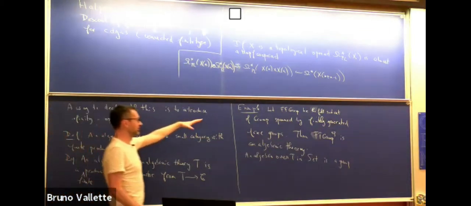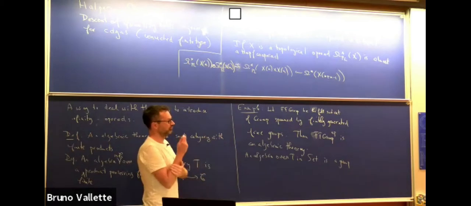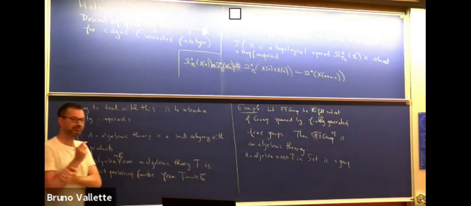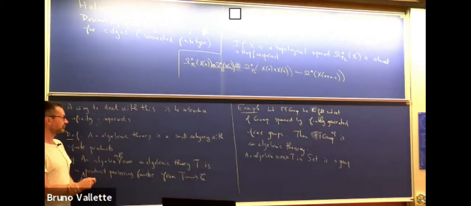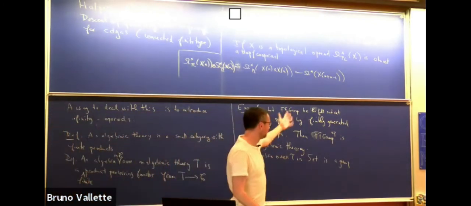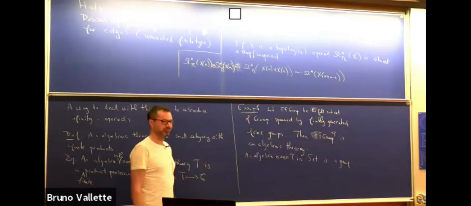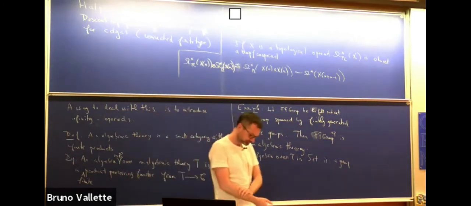And you can consider groups in commutative algebras op. And that's what's usually called Hopf algebras. Yeah, any category with products. So for example, if you consider a category of differentiable manifolds, you will get Lie groups, etc.